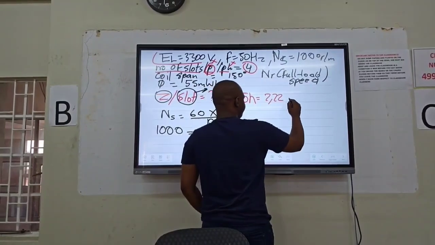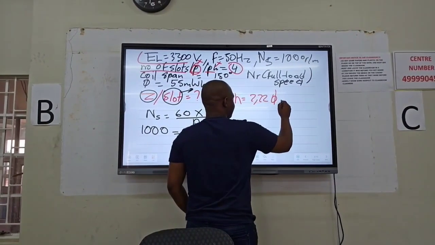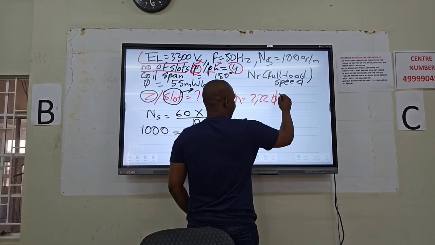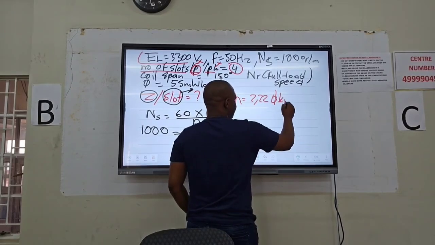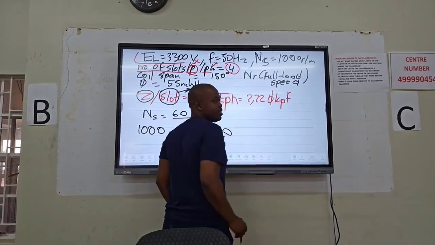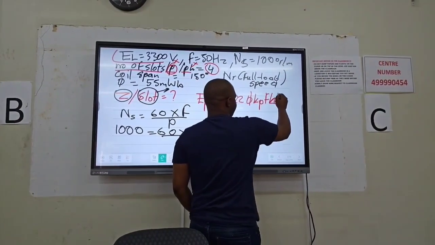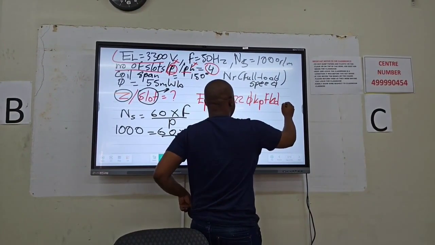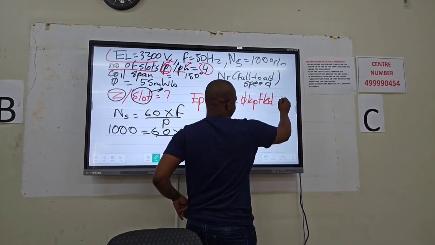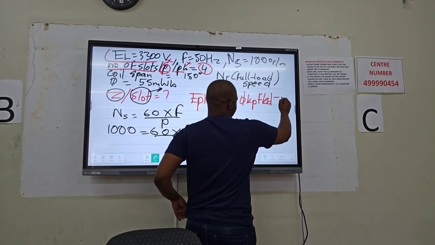The EMF equation is 2.22 times flux times pitch factor times frequency times distribution factor times Z.